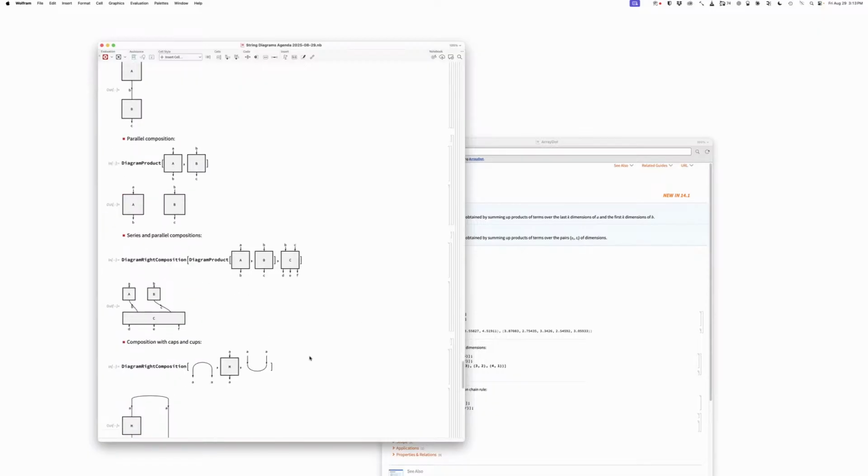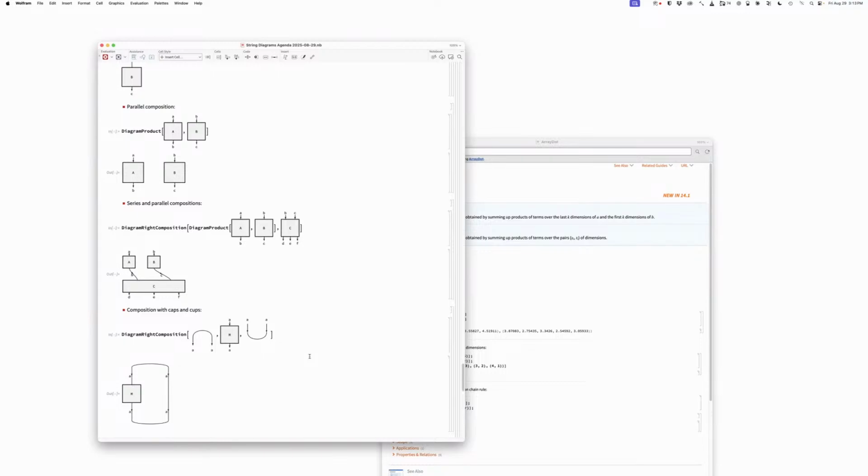Okay, so this is a diagram product, which is the A and B together like that. And then the composition of that connects B to C. Yeah, okay, I get it. Okay, yep.